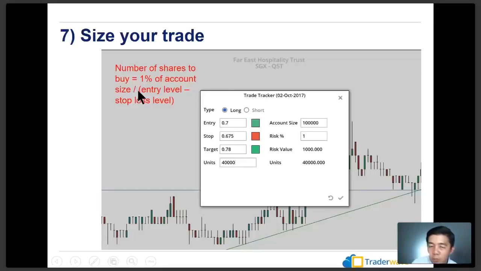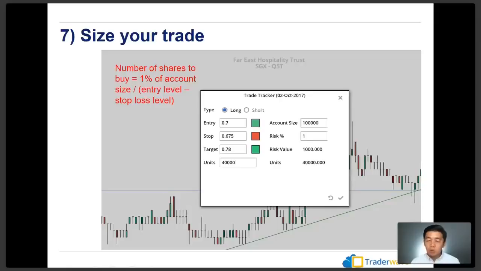If this sounds complicated to you and it might be too troublesome to calculate, you can bring out this trade tracker feature in TraderWave, where you can just input all these numbers and it will automatically calculate the number of units for you, which in this case is 40,000 shares. That's how you establish that you can buy long up to 40,000 shares in order not to risk more than 1% of your total capital. Okay, so this is the right way to size your trade.